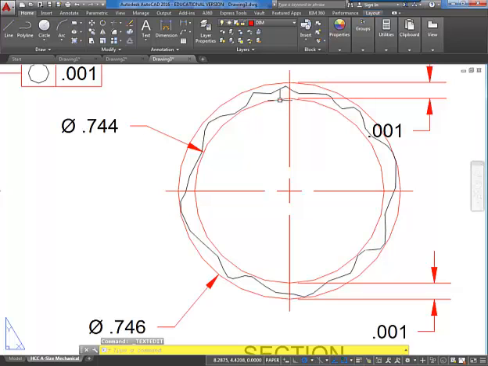So if this inside circle is .744 plus .001 plus .001, that would be .746. So would this be a good part? Yeah. And that's where I think I'm trying to stress that the .001 is the difference on each side. So it's not going to say that these two values are .001 different. In fact, it's going to say it's .002 different because you've got it on both sides. So whatever the tolerance is basically double, because you got it on each side.